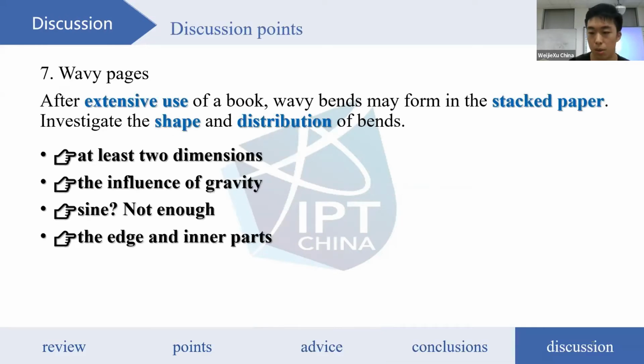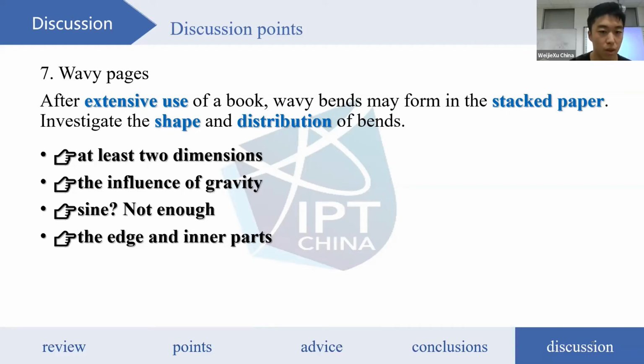So here are the points we want to discuss. We think it is necessary to discuss later. First, whether it is true that one dimension can really represent the two-dimensional model.